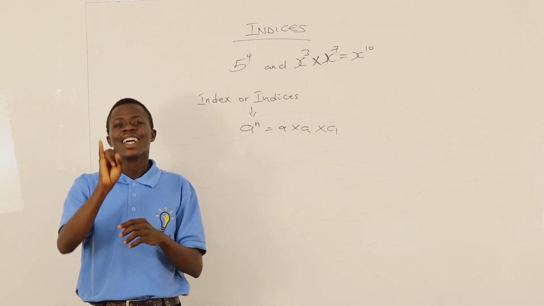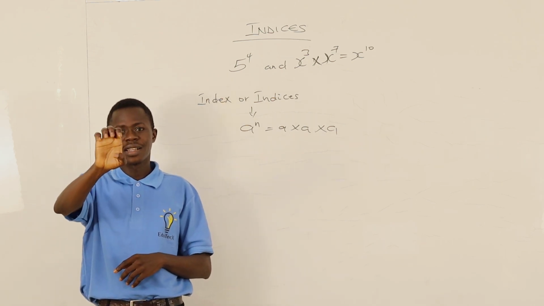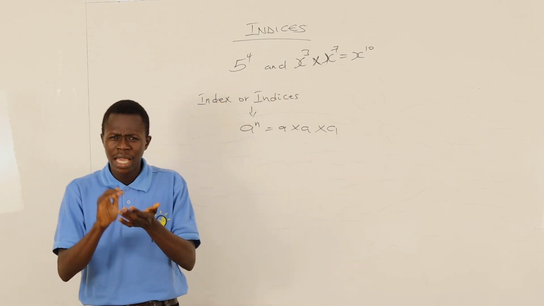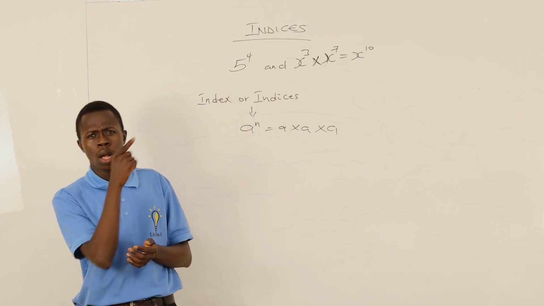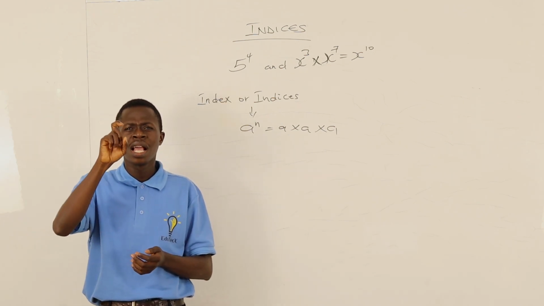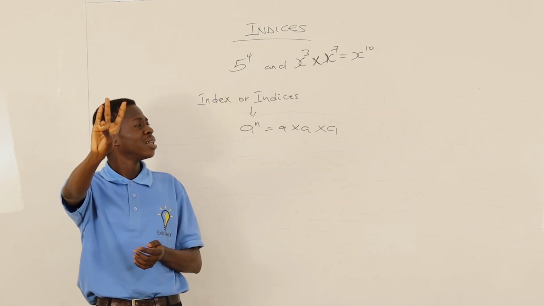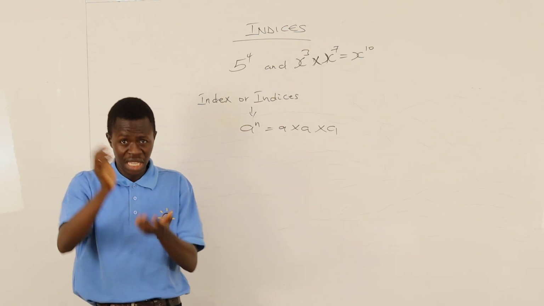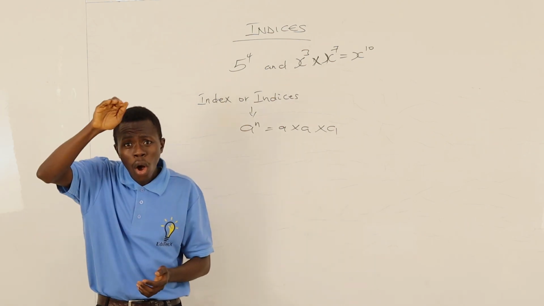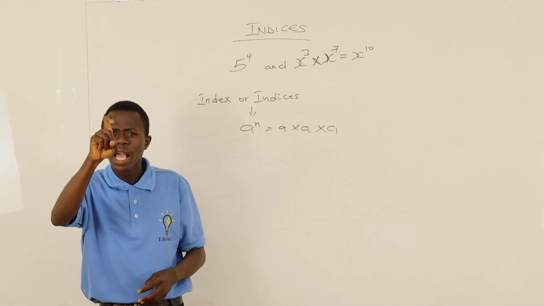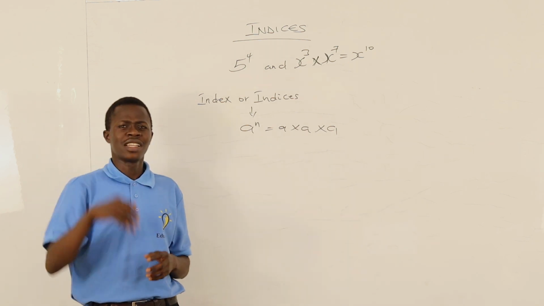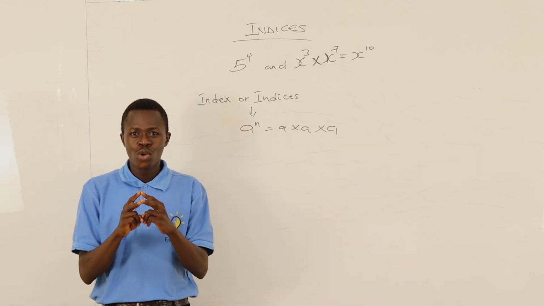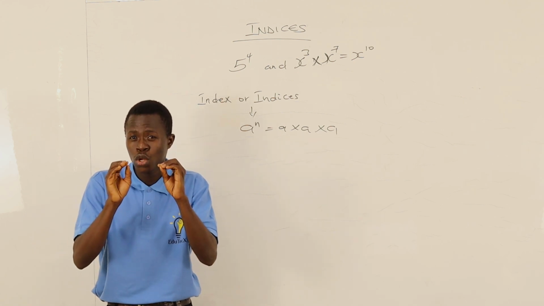So we have an example on the board: 5 to the power 4, which depicts what we are talking about: indices or an index. Again, an expression of the form x to the power 7 multiplied by x to the power 3 is the same as an index or indices.